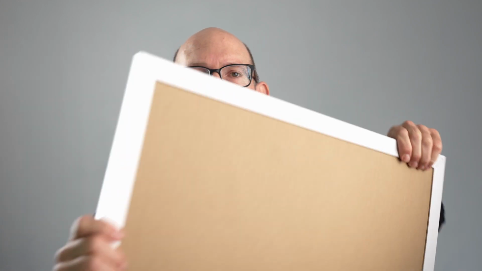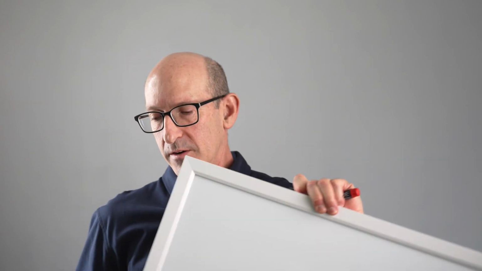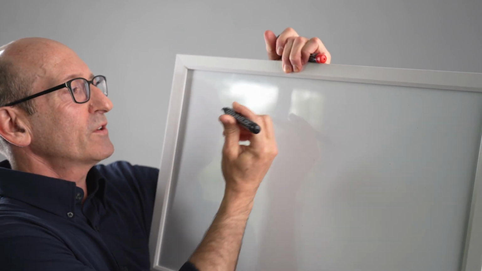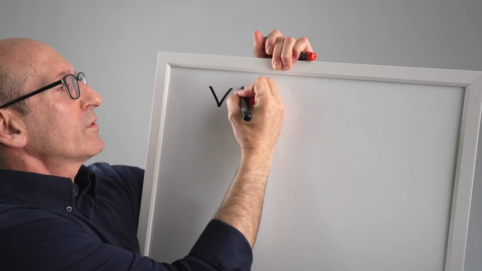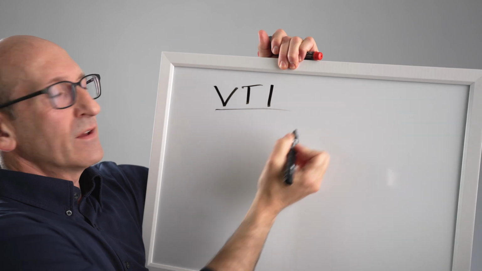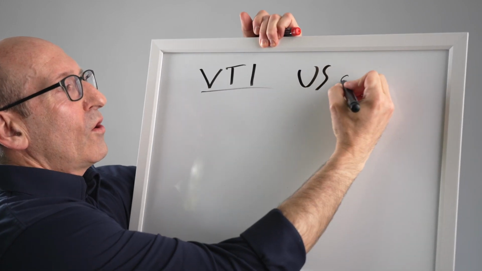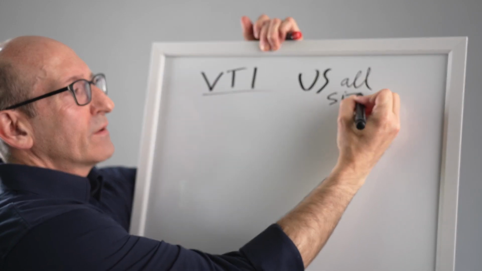So that's your job. And I am going to write these down so that you will have your own little sheet here, your own little info with all this cool stuff in one place. So what we'll look at here is the first one that we mentioned was VTI, US all sizes.